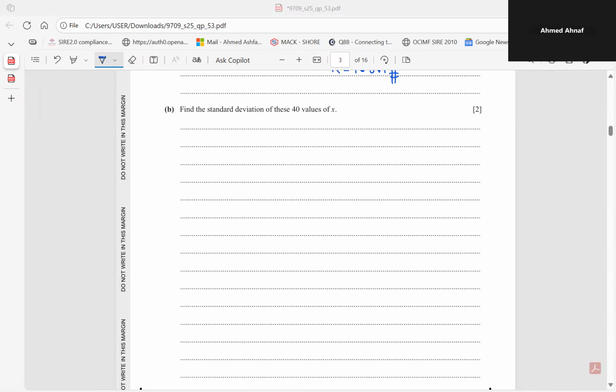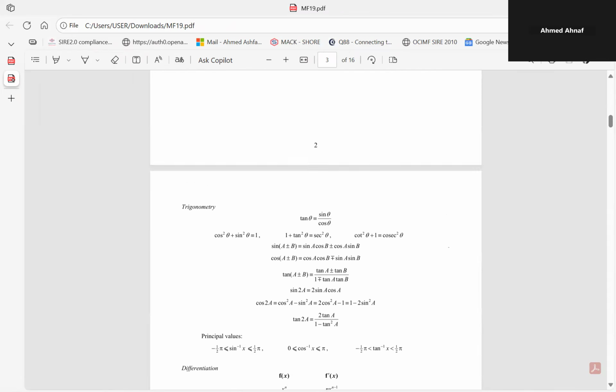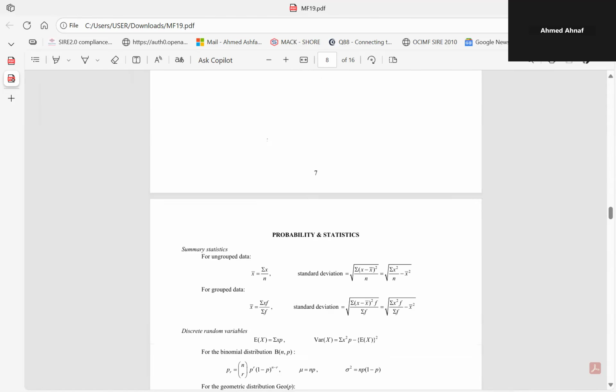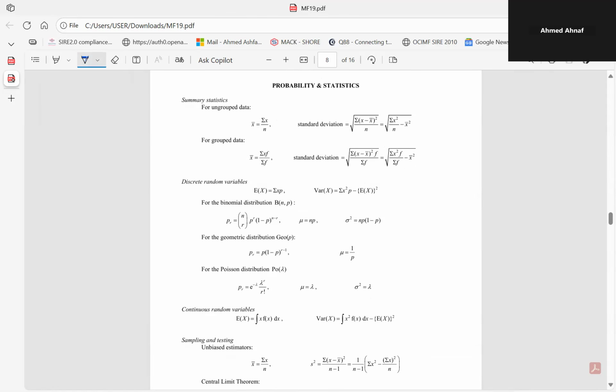Okay, so for this next part, we're going to have to find the standard deviation of these 40 values of x. So first of all, let's head on to the formula sheet and look for the formula for standard deviation. Okay, so as you can see, it is right here. We're actually given two formulas.